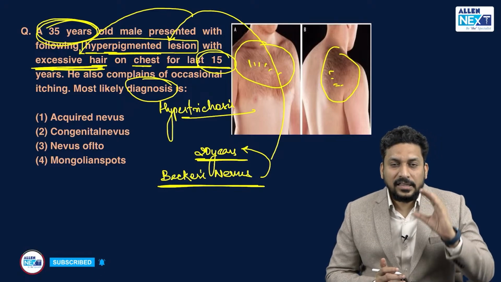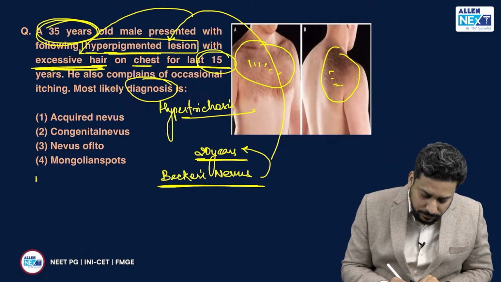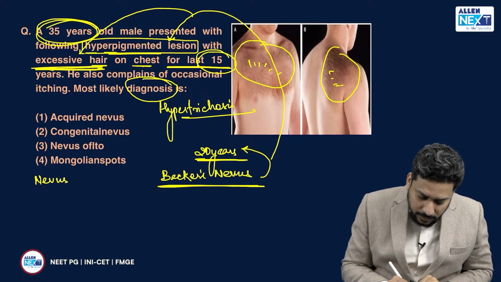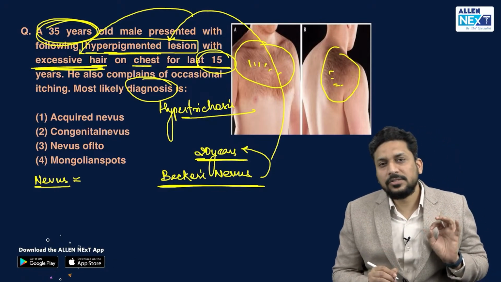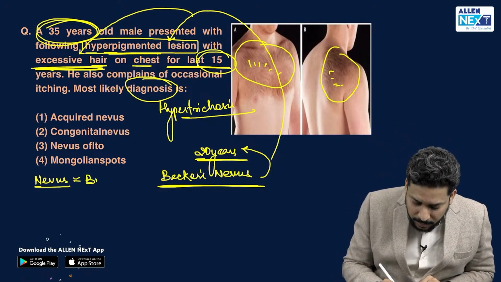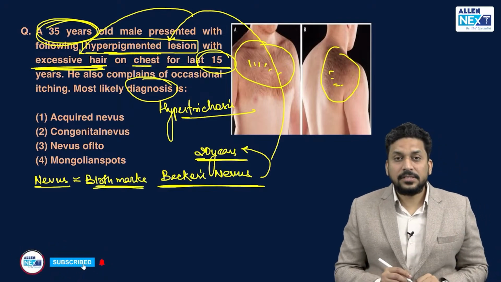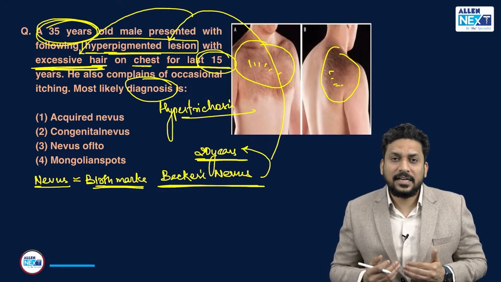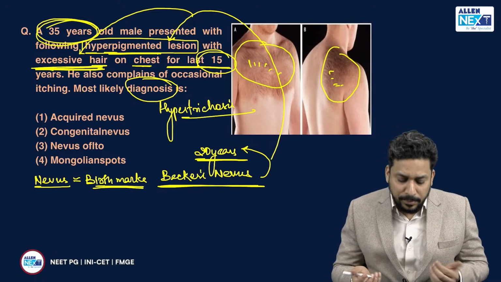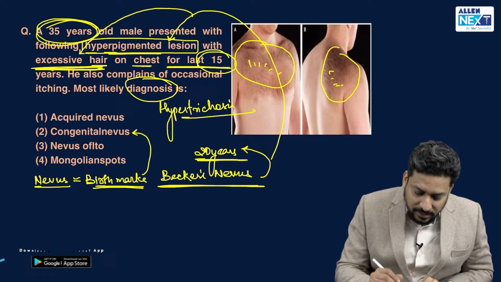Now remember that this word nevus, if you go for the literal meaning of this word nevus, it means birthmark. So remember that most of the nevus are birthmark, that is they are congenital, they are present since birth. That's why we call them congenital nevus.